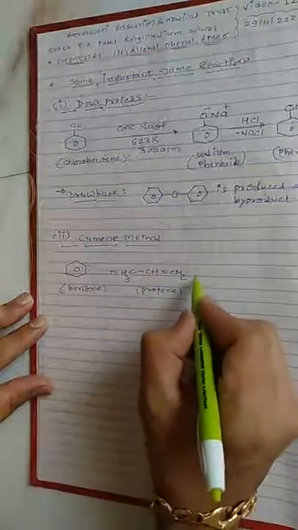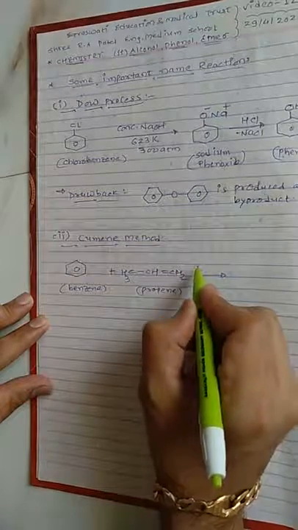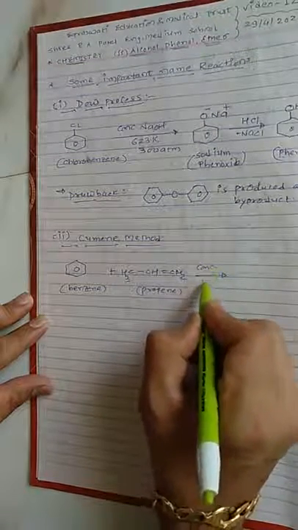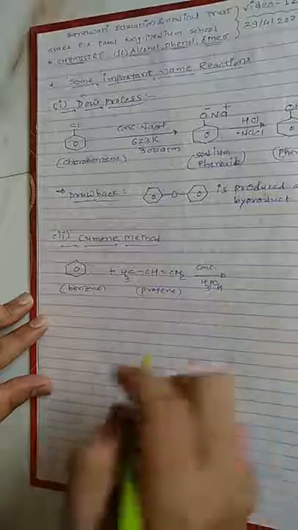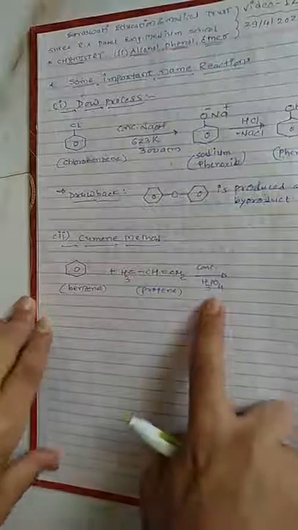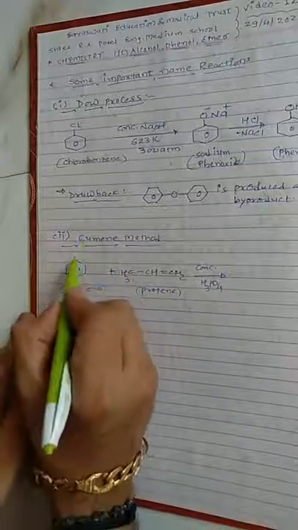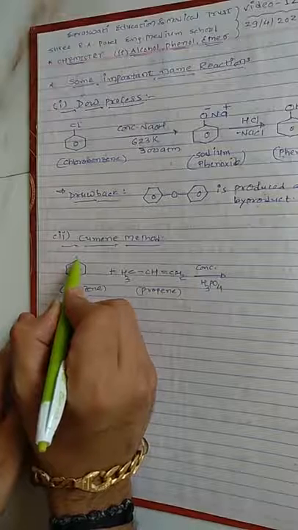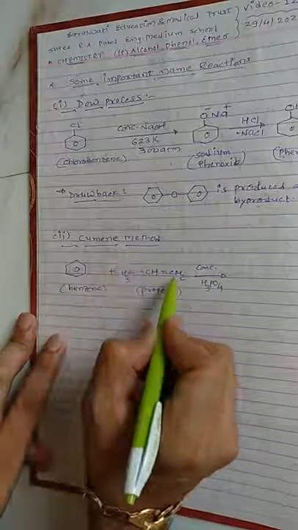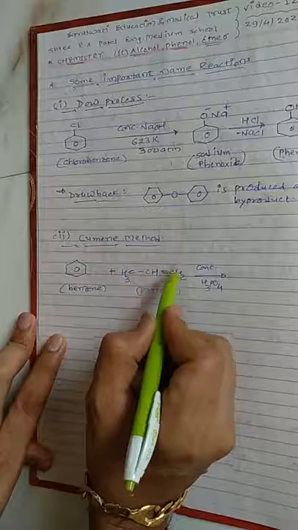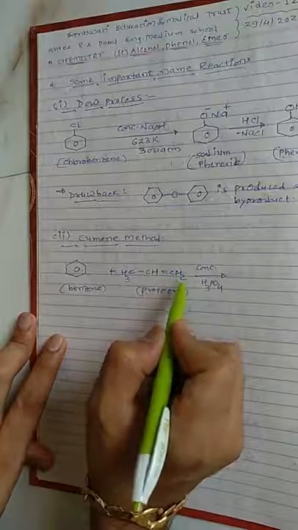When it is heated in presence of concentrated phosphoric acid. What is the role of phosphoric acid? We know that benzene has hydrogen, and that hydrogen is donated to carbon, meaning the CH2 group is converted to CH3.